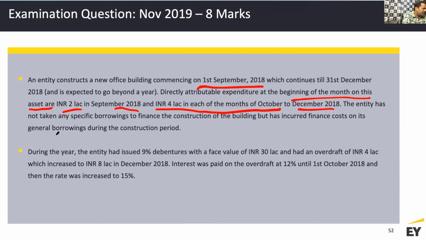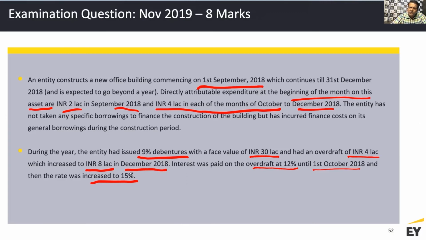So there are multiple pieces of information. I have multiple types of liabilities, debt like the overdraft and the debentures, the interest rates are different, and the interest rate changed during the period as well.